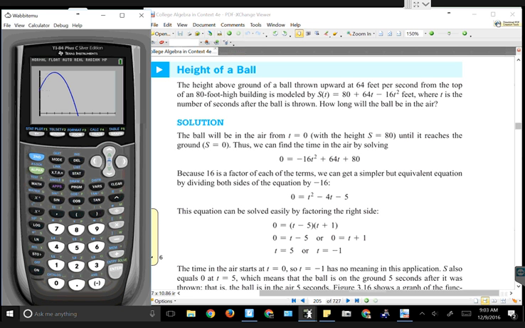Now, it says the height above the... They want to know how long the ball was in the air. Now, you got to remember, this graph is a representation of the height of the ball based upon time. This is not the path that the ball takes.